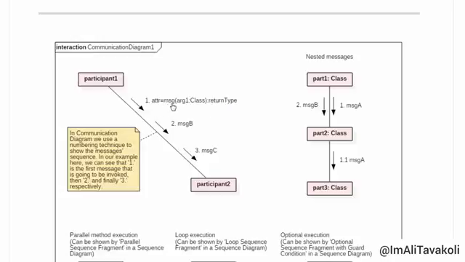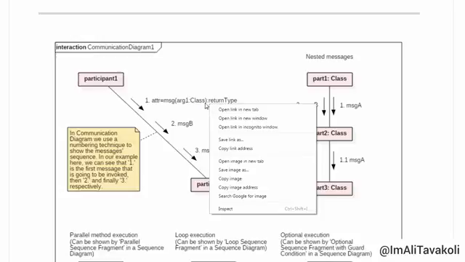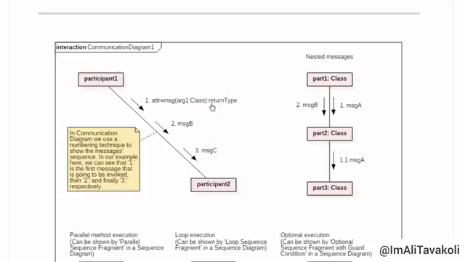Then we will write the method name. If it has any arguments, we will write the arguments with their class types, and then finally we will write down the type of the class that the method is going to return.